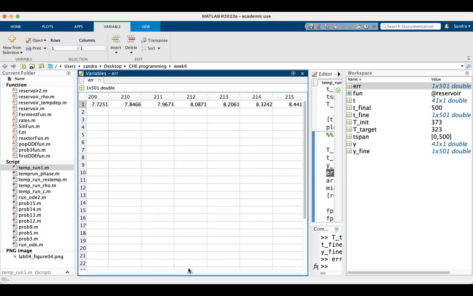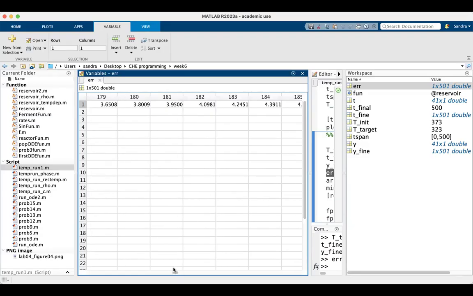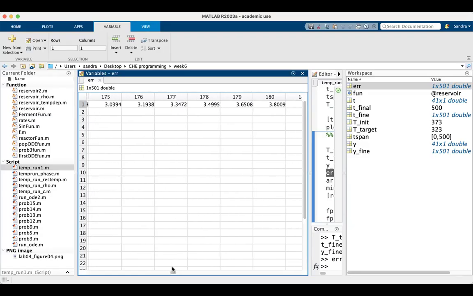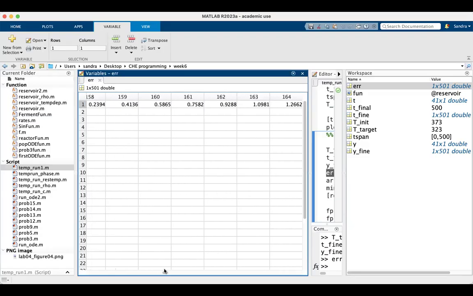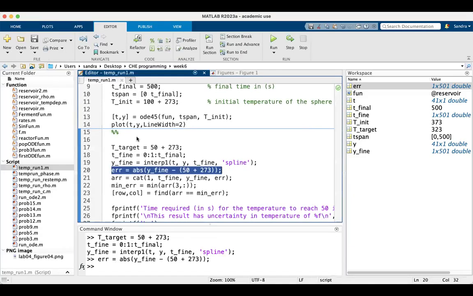Okay, it starts increasing again. It's very difficult to find it visually. At one point the error value will be 0, and that is where y fine was almost equal to 50 plus 273.